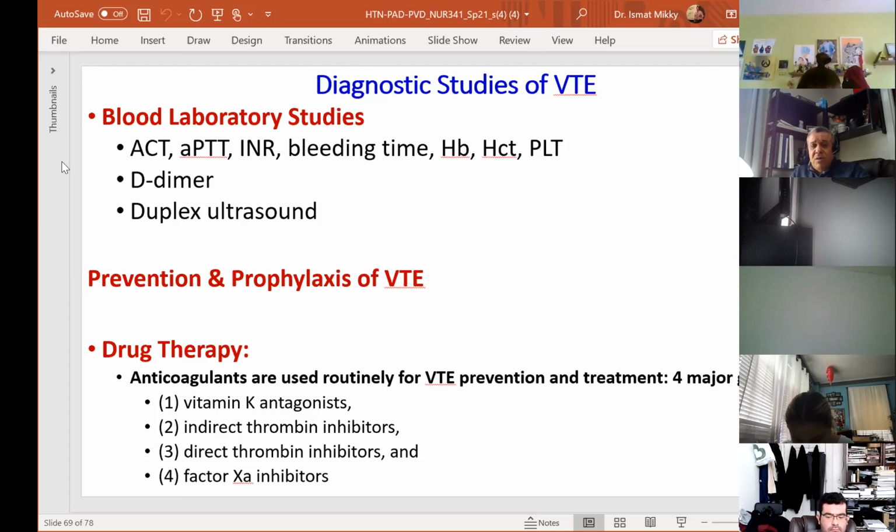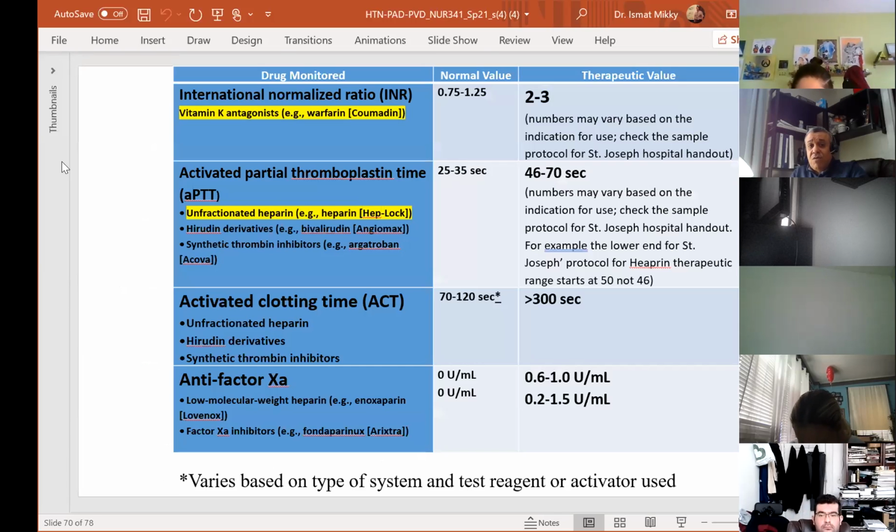So there are 3 main classifications, because the second and third pertain to the same thrombin inhibitors, but one is direct and one is indirect. These are the 4 or 3 main classifications of drugs to prevent blood clots and thromboses.